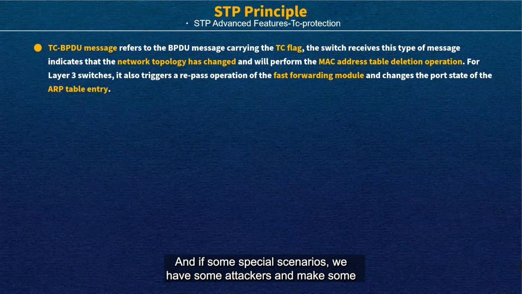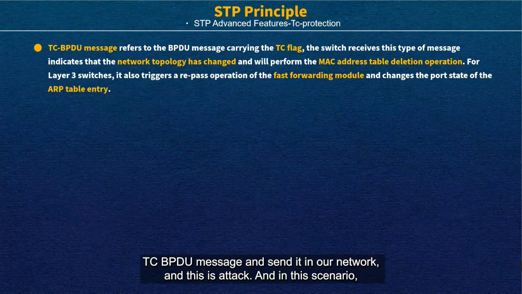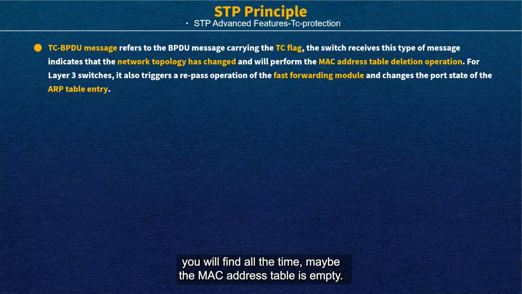And in some special scenarios, we may have an attacker who makes some TC BPDU messages and sends them into our network. This is an attack. In this scenario, you will find that all the time the MAC address table is empty.